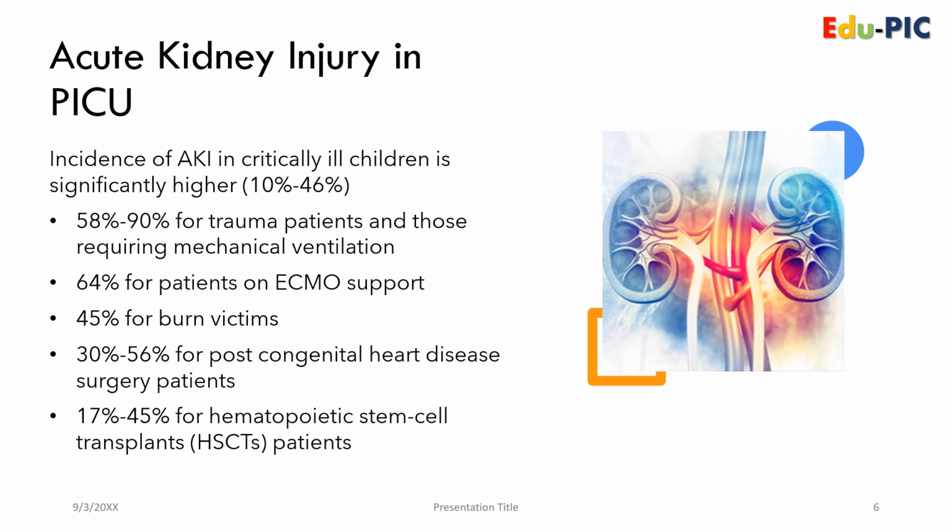You can see that the percentage is really high in patients who are coming as trauma patients and those who are requiring mechanical ventilation with respiratory failure. 64% of the patients who get on ECMO will have AKI, 45% of burn patients, anywhere between 30 to 56% of patients who have received congenital heart disease surgery, and 70% to 45% of hematopoietic stem cell transplant patients. It's quite a decent complication.